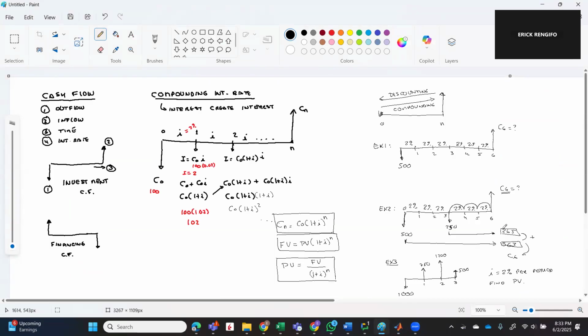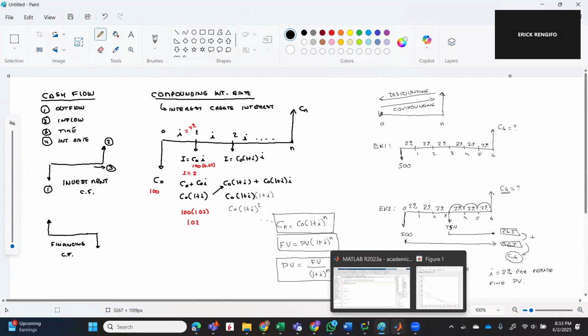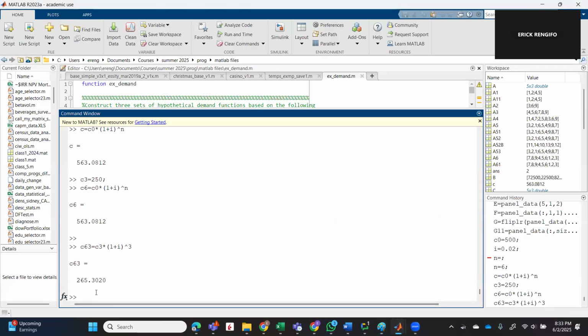And then to find your final cash flow 6, simply you sum these two numbers. So your final, let's call this C6 final, is going to be equal to your C6 plus C63. Do you agree, guys?